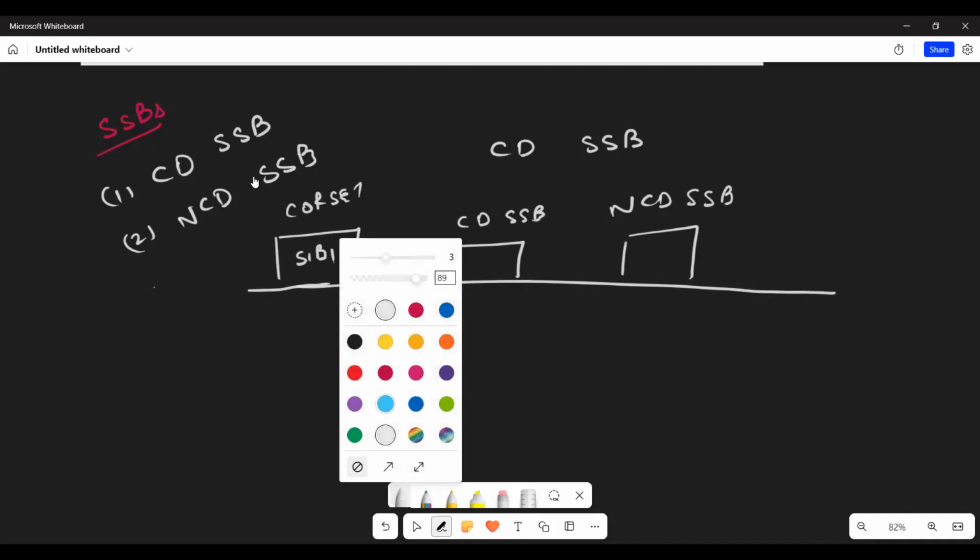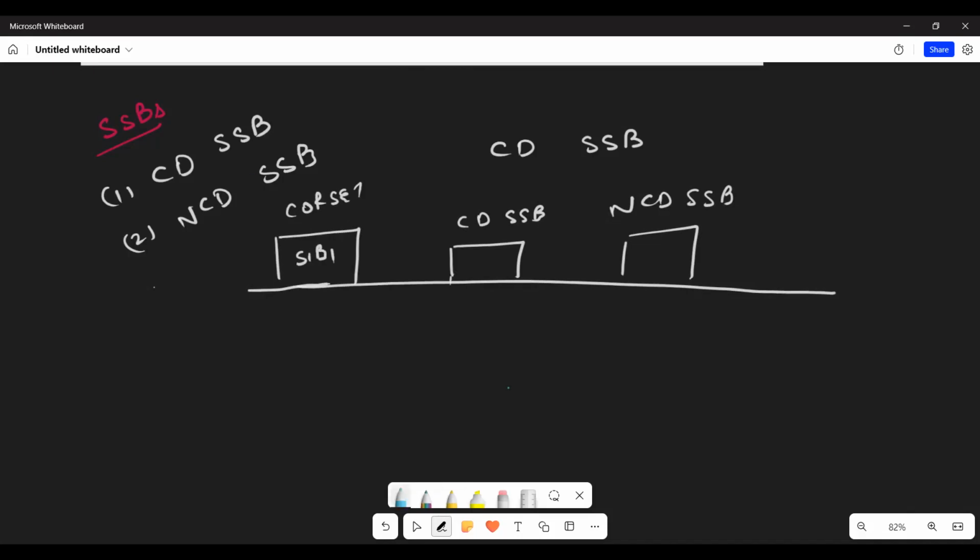What will happen? The CD-SSB would be pointing to the CORESET of SIB1. And if the UE is decoding the NCD-SSB, the NCD-SSB would be pointing to the cell-defining CD-SSB. So the UE will decode the CD-SSB, then it will go to SIB1. So there are two kinds of SSB the UE can decode, either CD-SSB or non-CD-SSB.